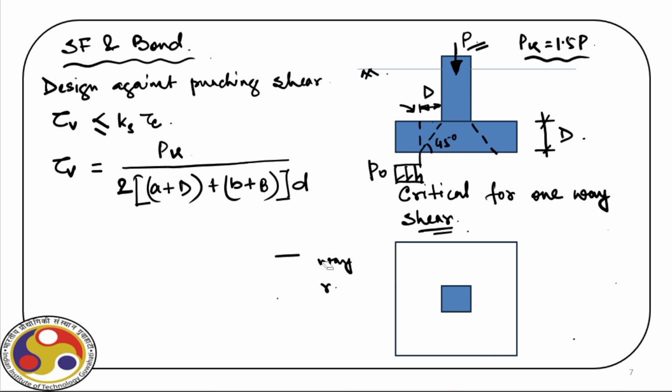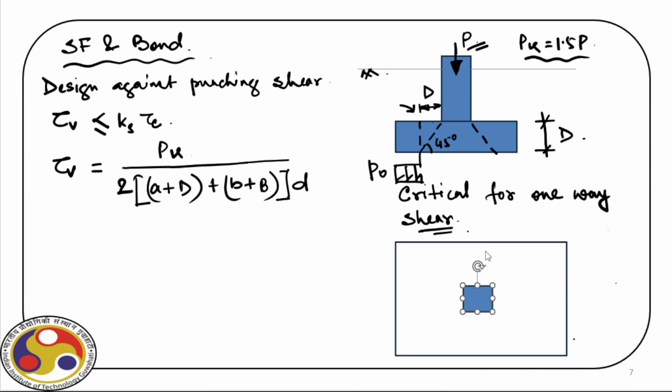So if we just consider this pad to be a rectangular one, so say this is the rectangular one and this is also a rectangular column.